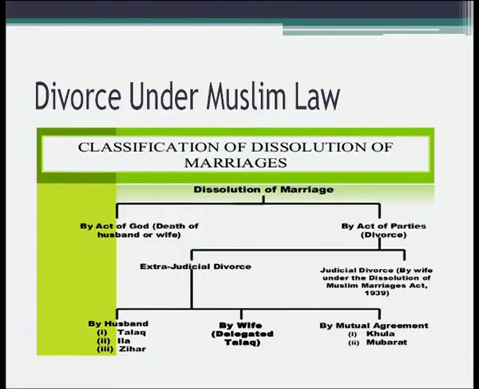So, friends, the husband can take three kinds of divorce. First is known as talaq, second is known as ila, and third is known as zihar. Friends, talaq can further be classified into two categories, talaq-ul-sunnat and talaq-ul-biddat. Talaq-ul-sunnat means a talaq which has been pronounced and within a particular period of time it can be revoked.